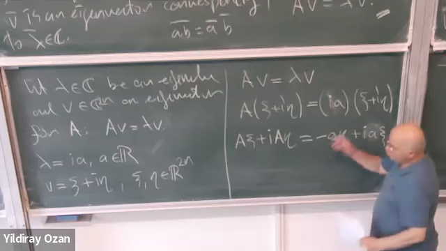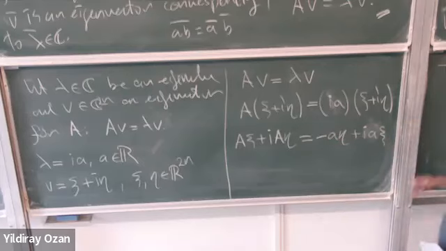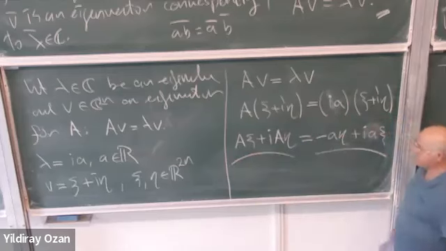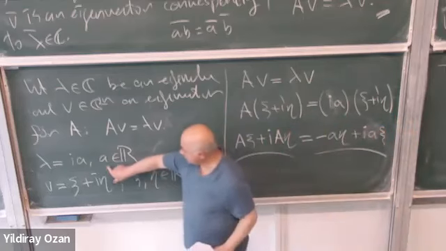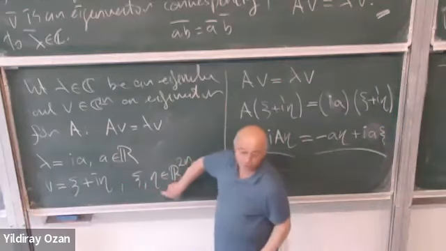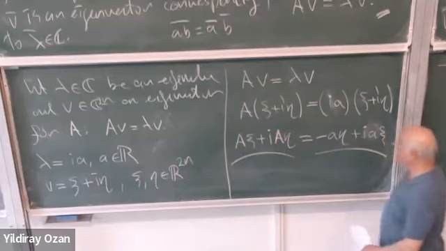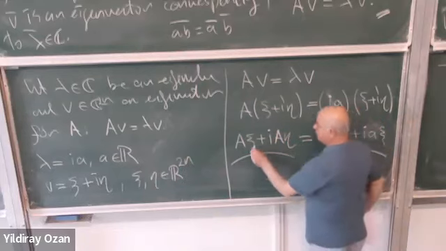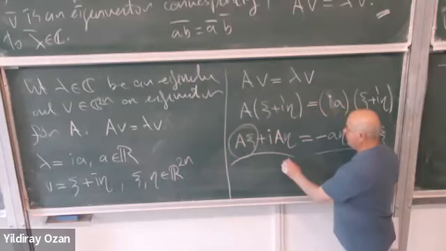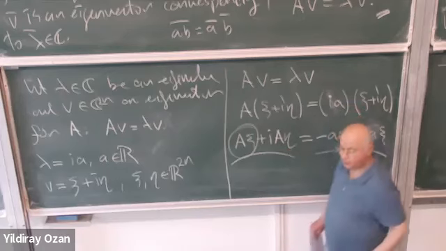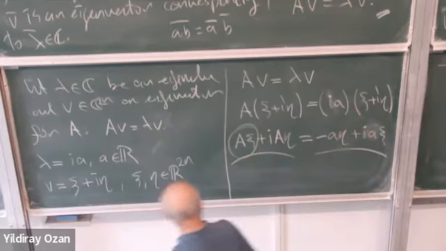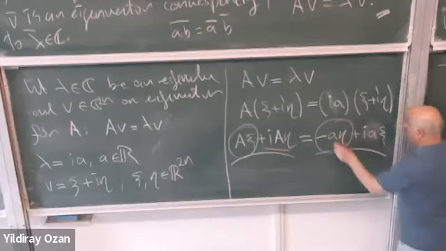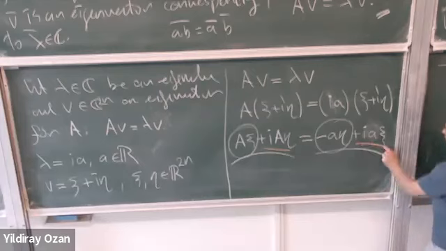Now, both of these vectors are complex vectors, right? This is a complex vector. This is another complex vector. But I know that A is a real matrix and these are real vectors. Now, this vector has this real part and this imaginary part, right? And this one here has this real part and this imaginary part.